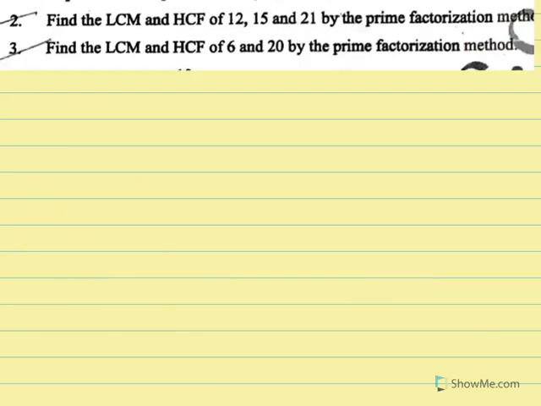Find the LCM and HCF of 6 and 20 by prime factorization. So if I do prime factorization of 6 is 2 into 3, and of 20 is 2 square, that is 4 into 5.